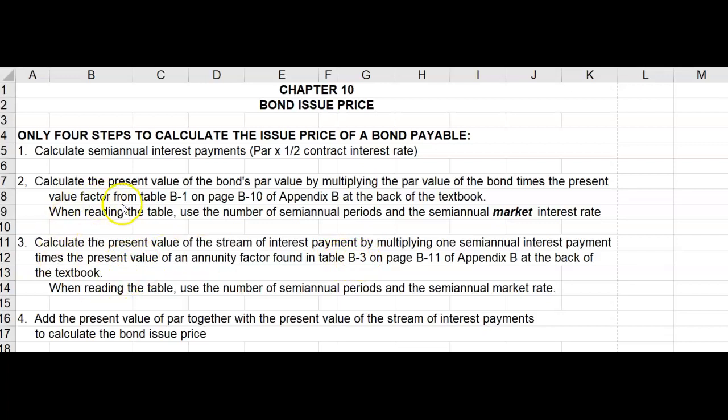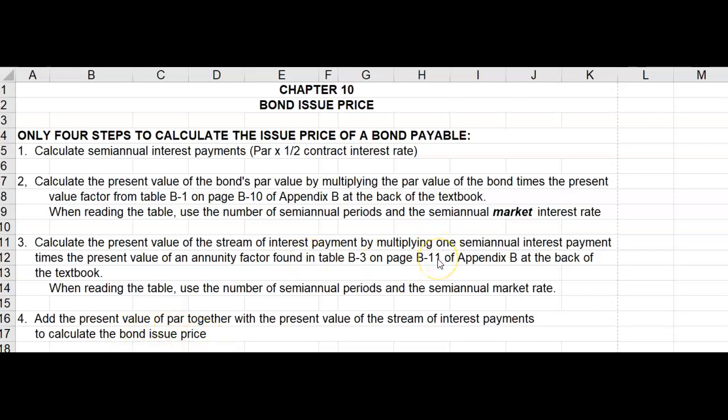And as mentioned above, whenever you are reading those annuity tables to calculate the issue price and present value of a bond, use the number of semi-annual periods and the semi-annual market interest rate. Step 4, add the 2 present values together to calculate the bond issue price.